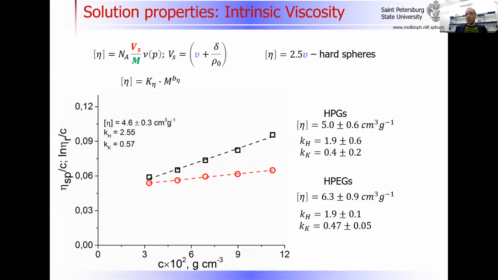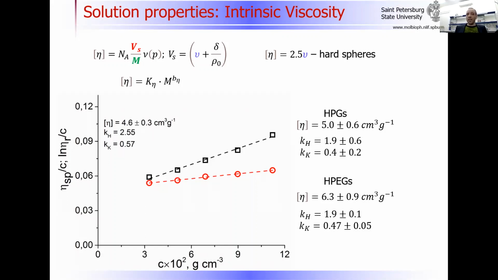For polymers in thermodynamically good solvents, one should expect values around 0.3 to 0.5, probably up to 0.8, and it has a general tendency to increase for poorer solvents.